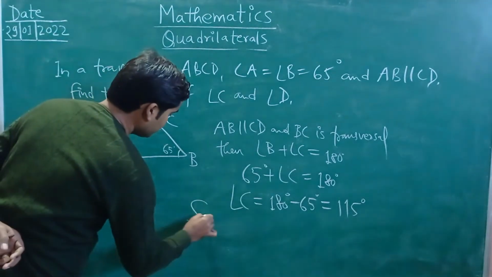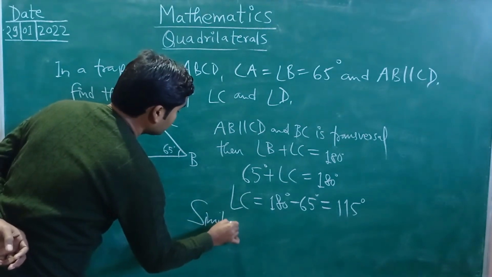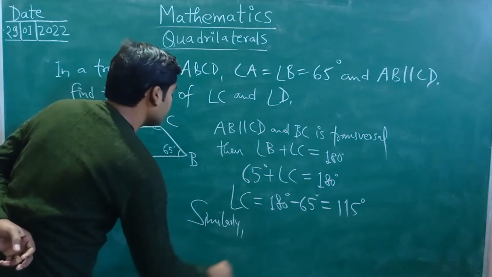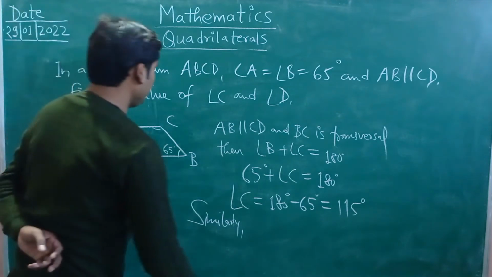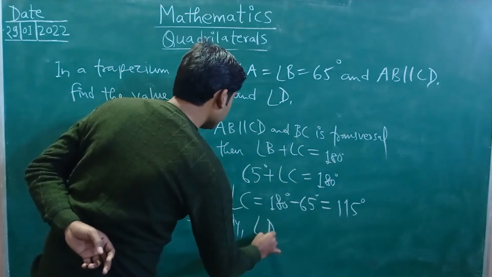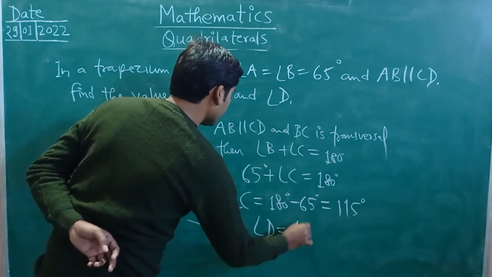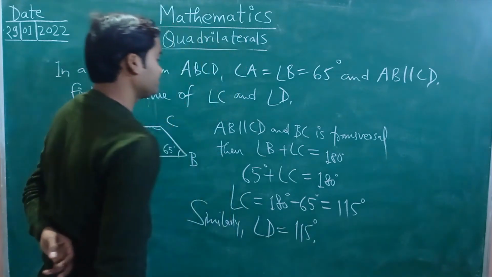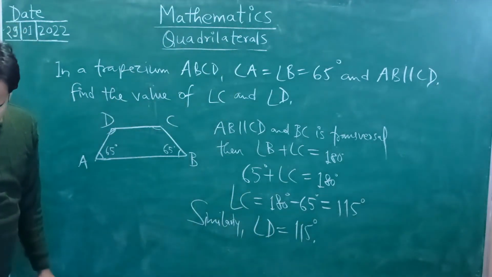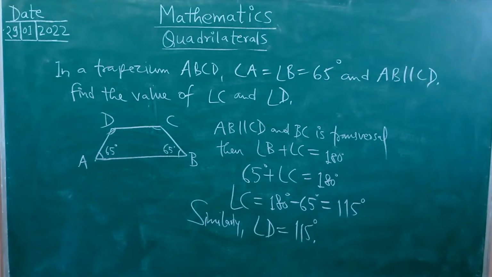So we will write similarly angle D is equal to 115 degree. You can write it in detail. The sum of co-interior angles is always 180 degree.